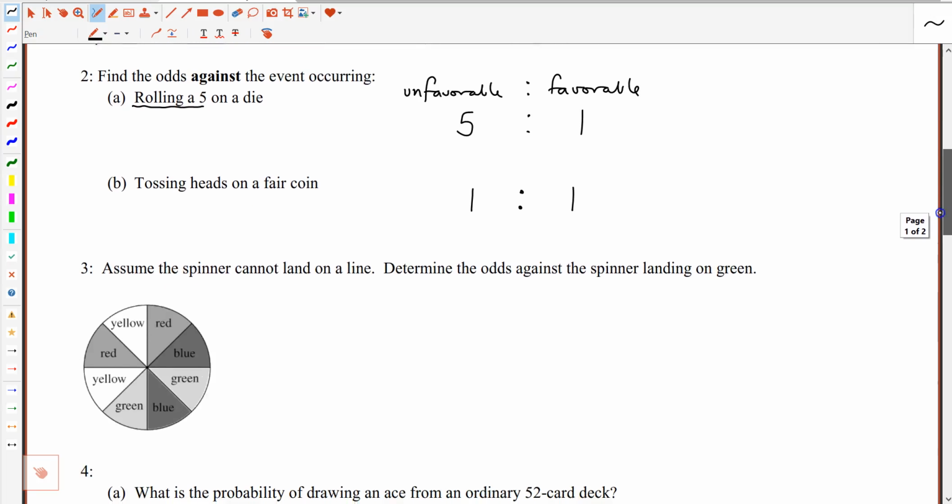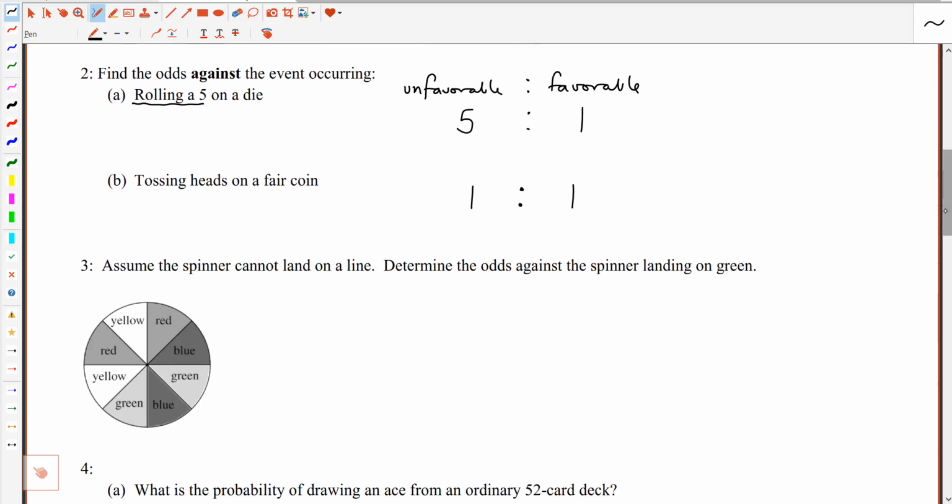So here's a spinner. Assume the spinner cannot land on a line. Determine the odds against the spinner landing on green. Okay, so this is the event we're considering, and we want to find the odds against.